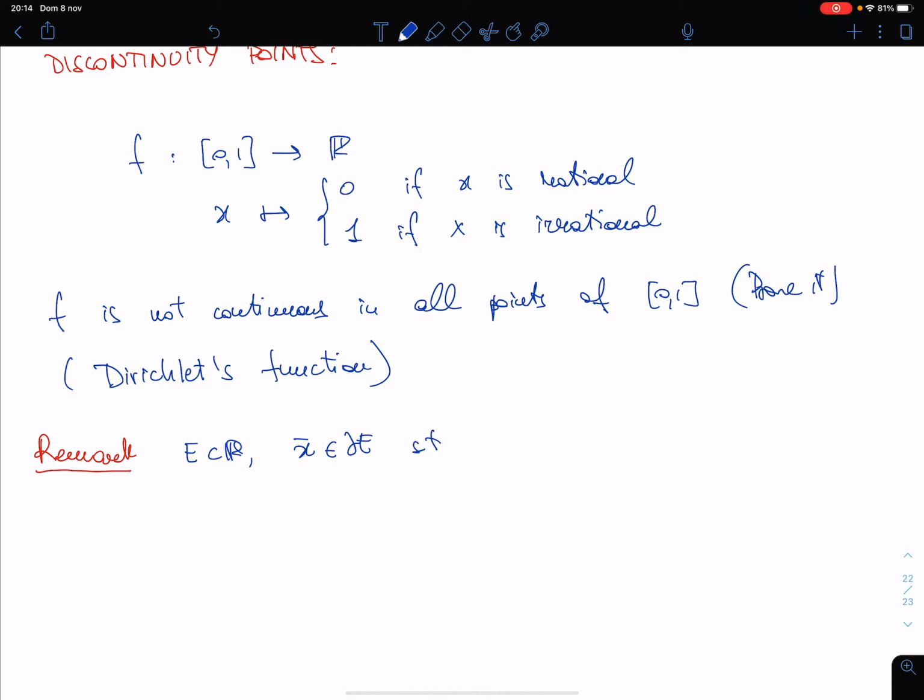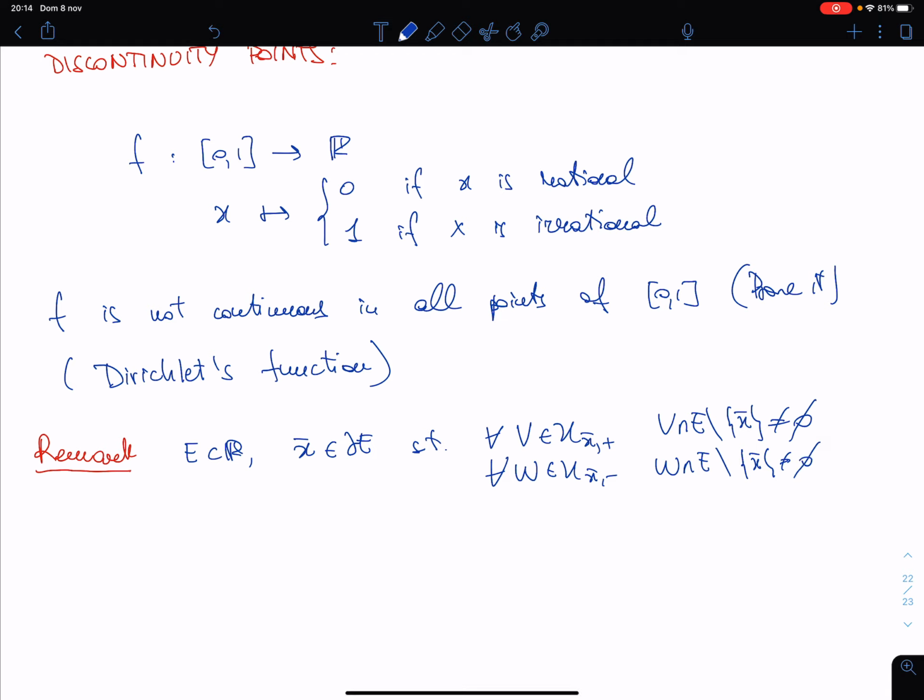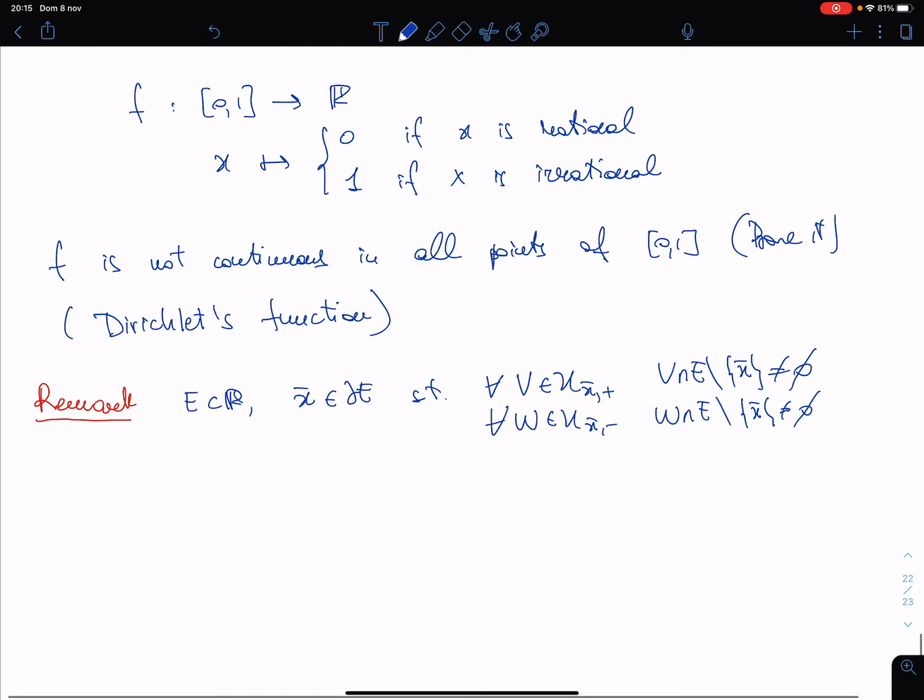So such that for every V in U X bar plus, V intersection E minus X bar is not empty. And for every W in U X bar minus, W intersection E minus X bar is not empty. So it is possible to perform the limit for X going to X bar both from the right and from the left.